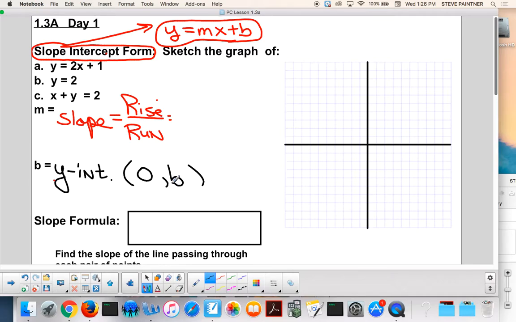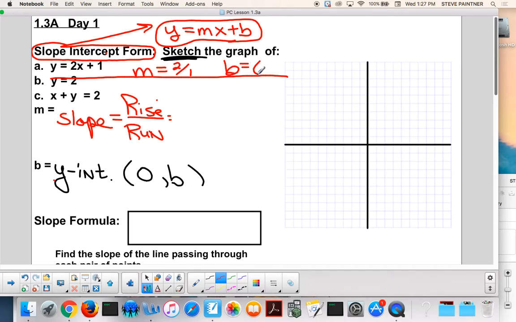Okay. So here we go, guys. We've got 3 equations. I would like you to sketch them. The first one, is it in slope-intercept form? Yes. So what's the slope? 2. And by the way, 2 is just 2 over 1. What's the y-intercept? 1.